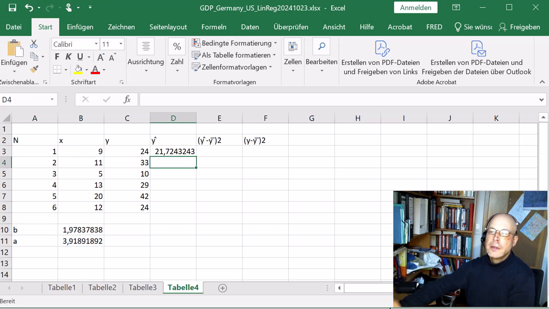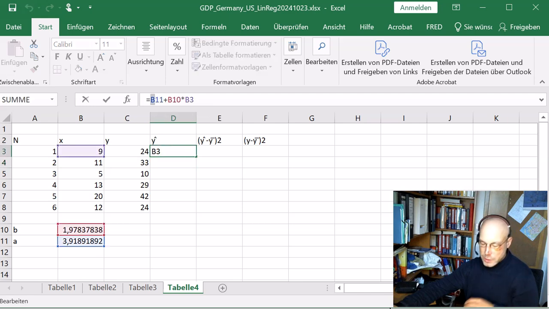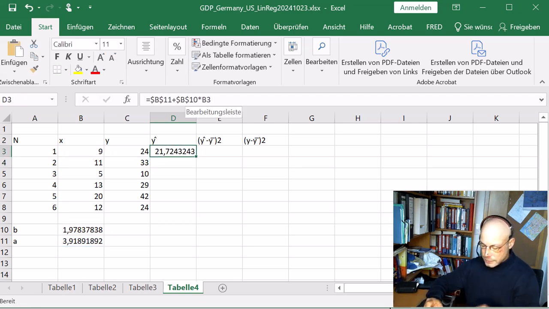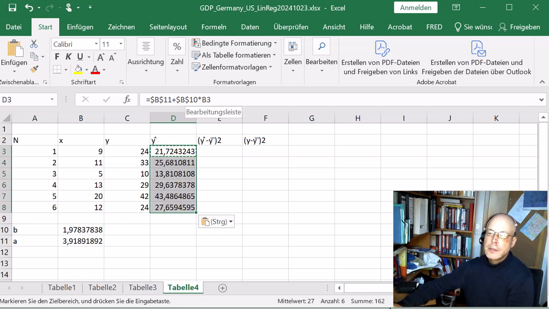So our fitted data point, our hypothetical sales volume for 9 visits, would be 21.72. And since I want to just copy this, I need some dollar signs here so that I can copy this down.